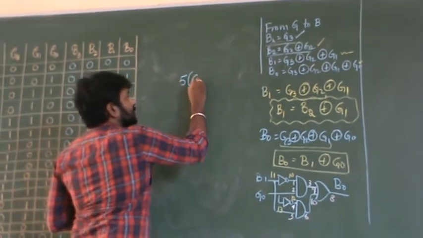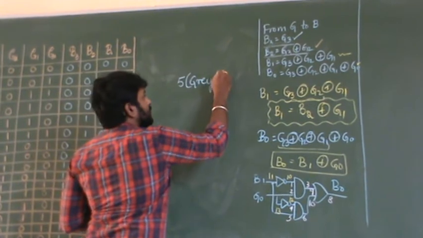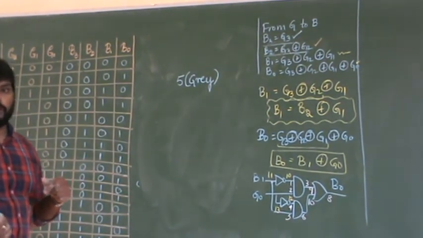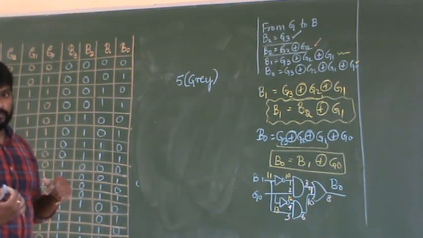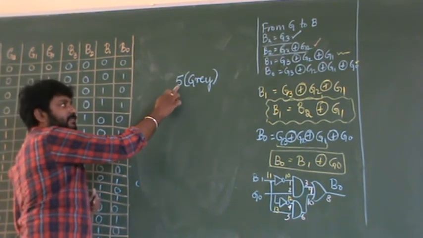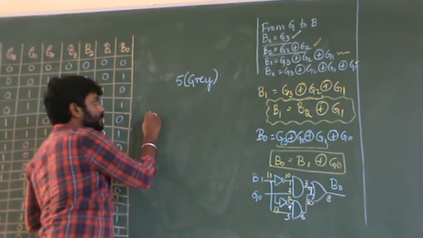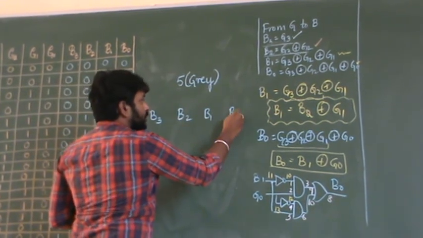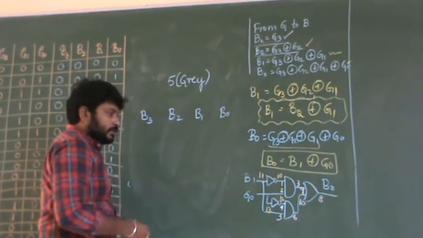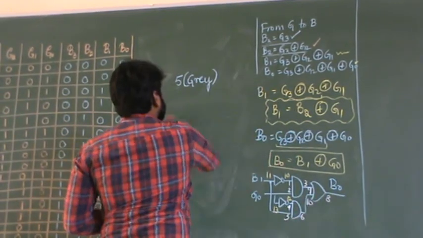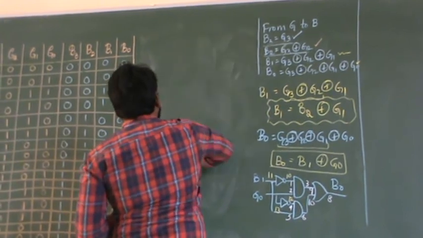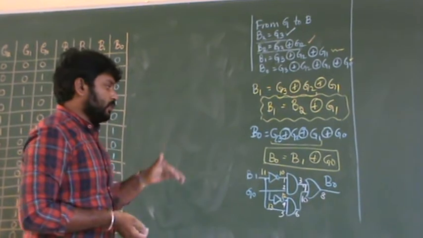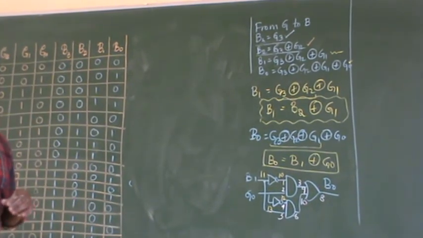This is a gray number, and you have to write D3, D2, D1 and D0. Let me explain that application part a little bit later. Right now you copy down all these things. The application part I will explain a little bit later.